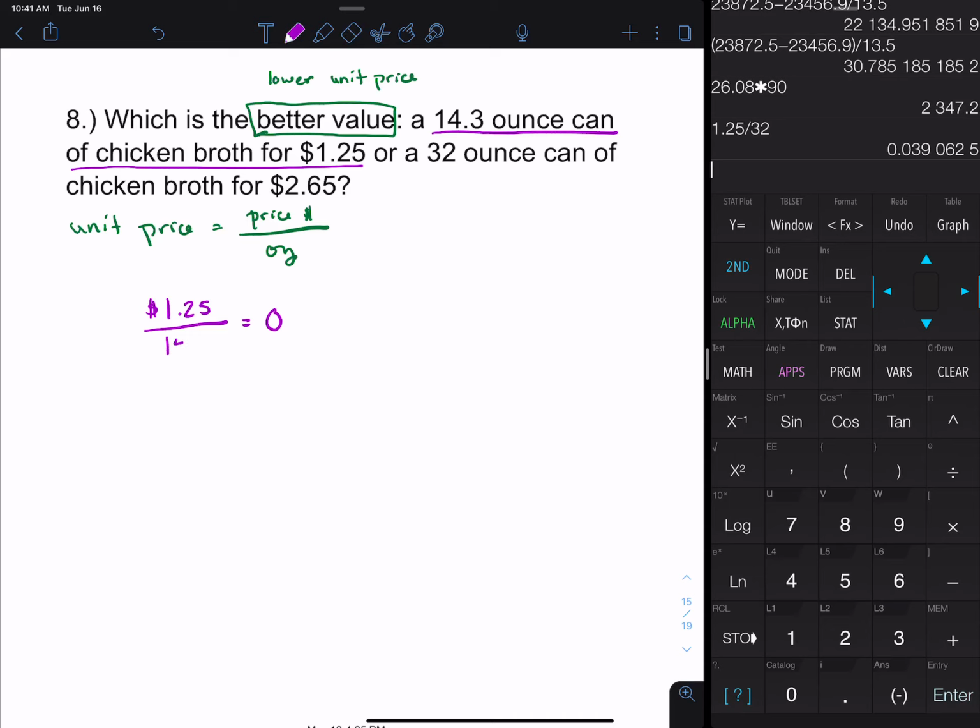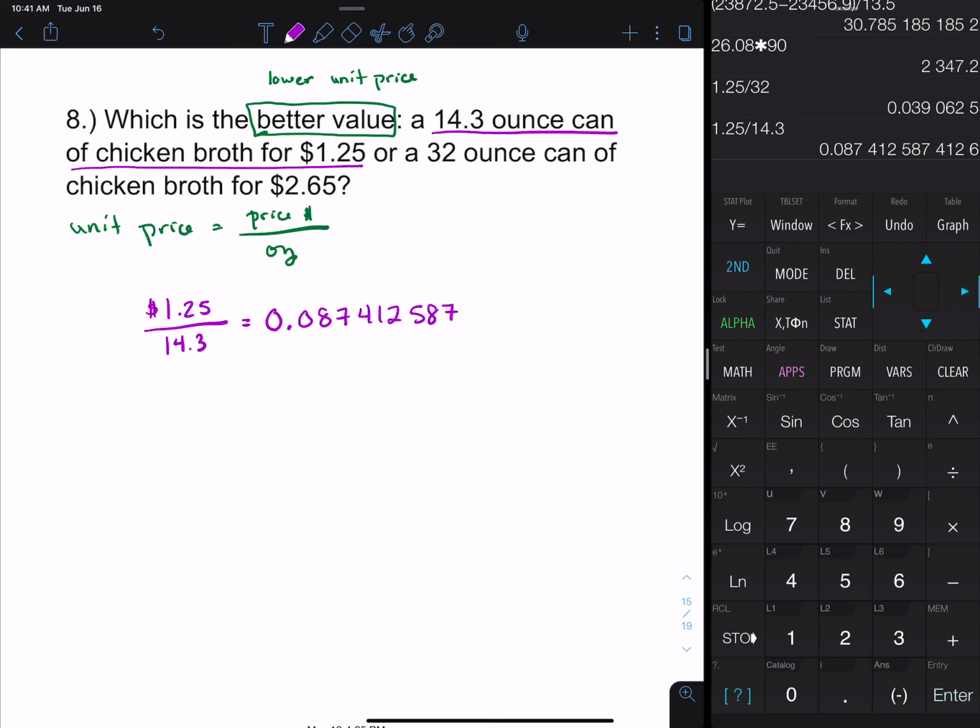So I'm going to have to divide by 14.3 there. So I have 1.25 divided by 14.3. That gives me 0.0874125874126. So they're telling me that this is a little bit more than 8 cents per ounce.